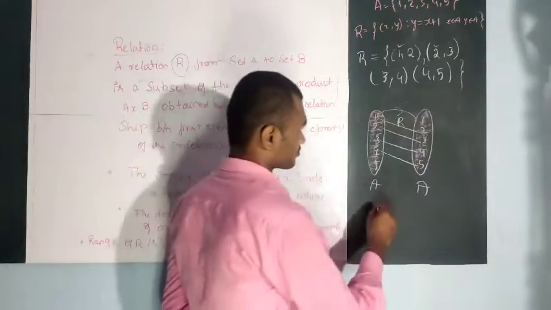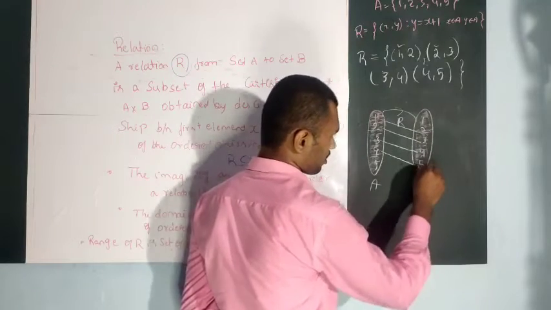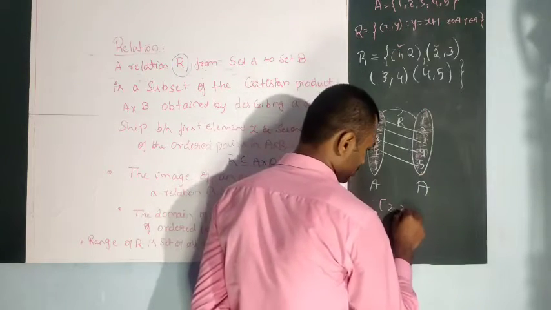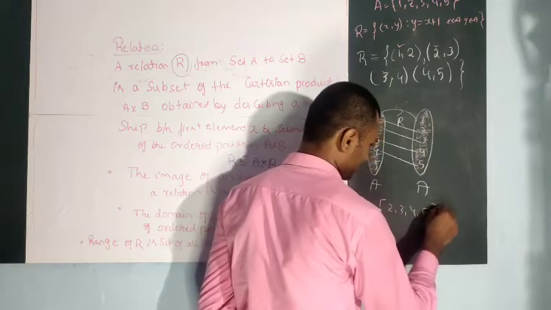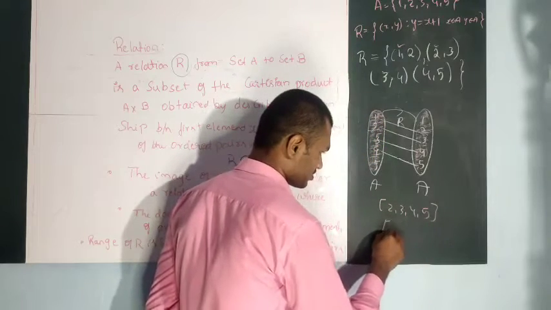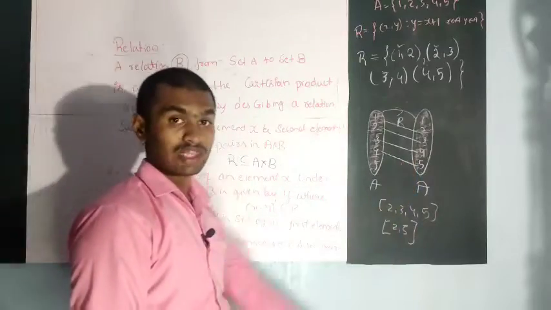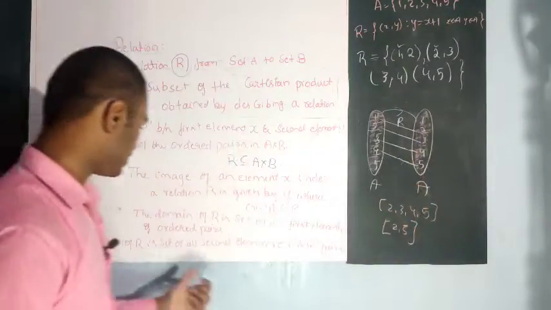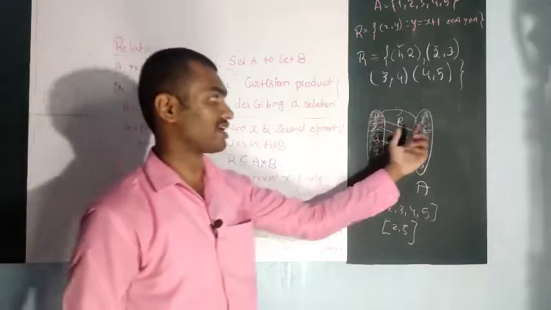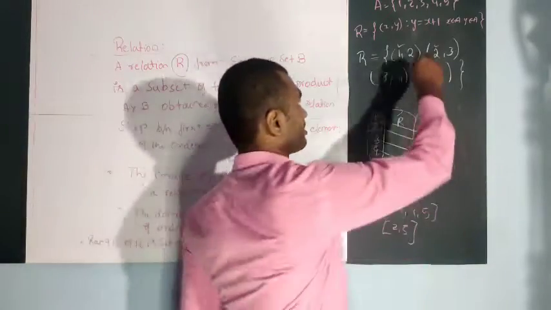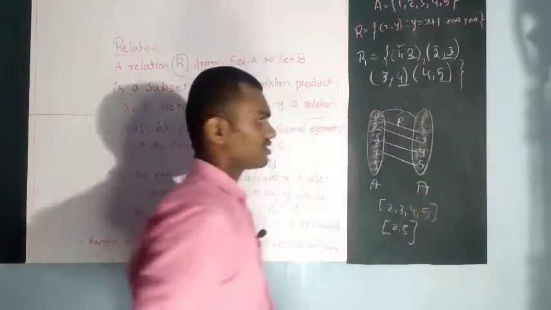Now what is range? Range is 2, 3, 4 and 5. So I can write it like this: the closed interval 2 to 5 is the range. 1 will not be included because that is not a second element. Is there any 1 in the seconds? Not there.